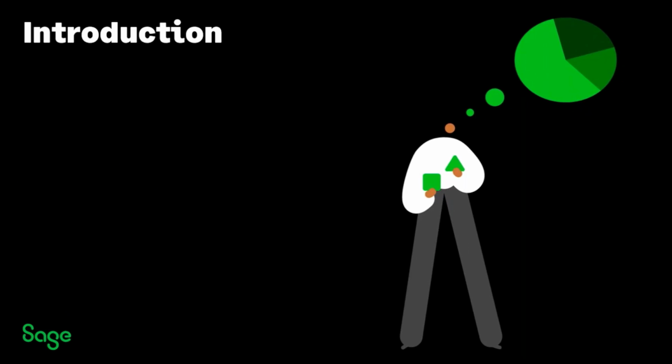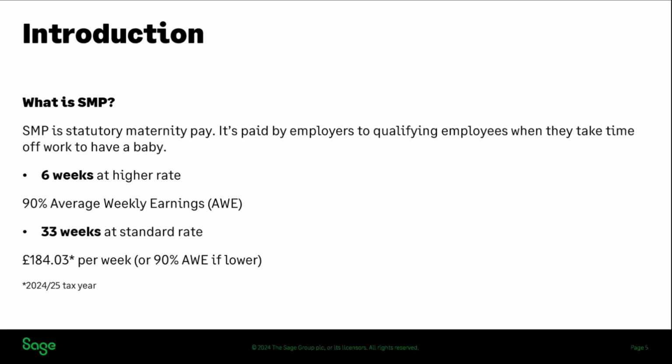So let's get straight on with our introduction to maternity pay. So we are going to be focusing on the statutory maternity pay. SMP stands for statutory maternity pay, and this is the minimum amount that you need to pay to your employees who are taking time off work to have a baby. Now it is paid at two different rates.